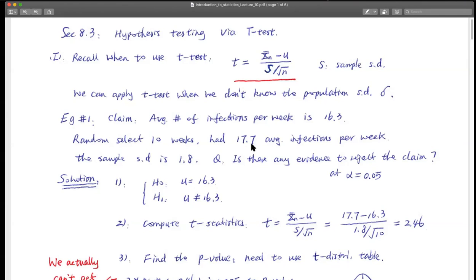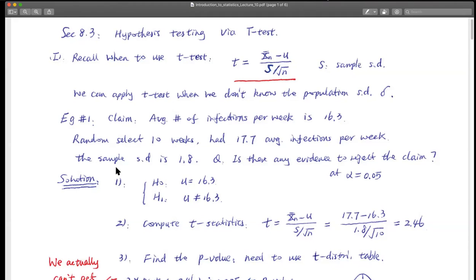Find out the average is about 17.7 infections per week. The sample standard deviation is 1.8, everybody. Be careful here with this statement. When they say the sample standard deviation, that means what? That's S, right? That's not sigma. Sigma is the population standard deviation, but here we are talking about the sample standard deviation.